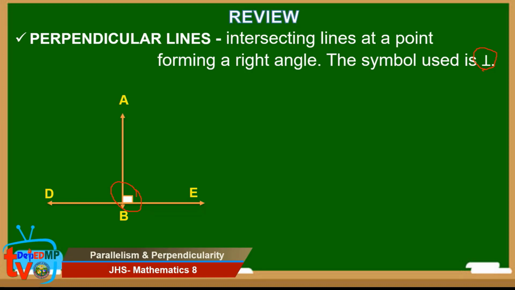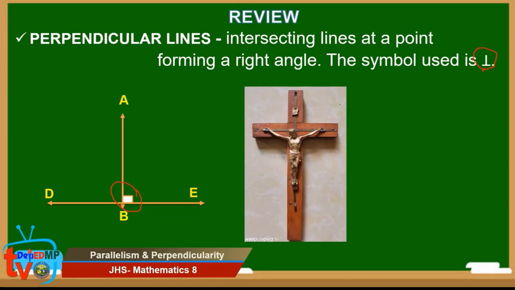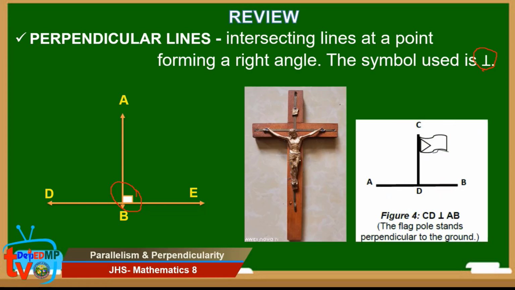Thus, the sides are perpendicular. To help us remember, just look at the crucifix or the cross where our Jesus Christ was nailed because of our sins. We can also have the flagpole perpendicular to the ground, and many more.